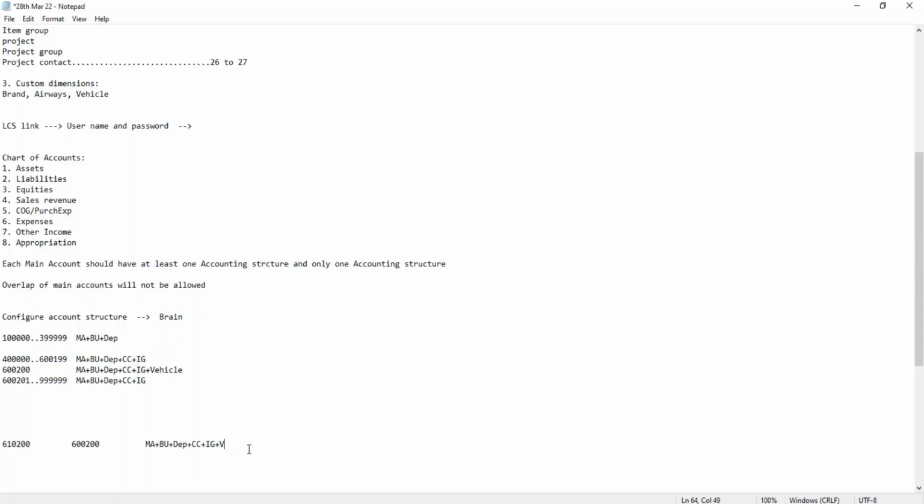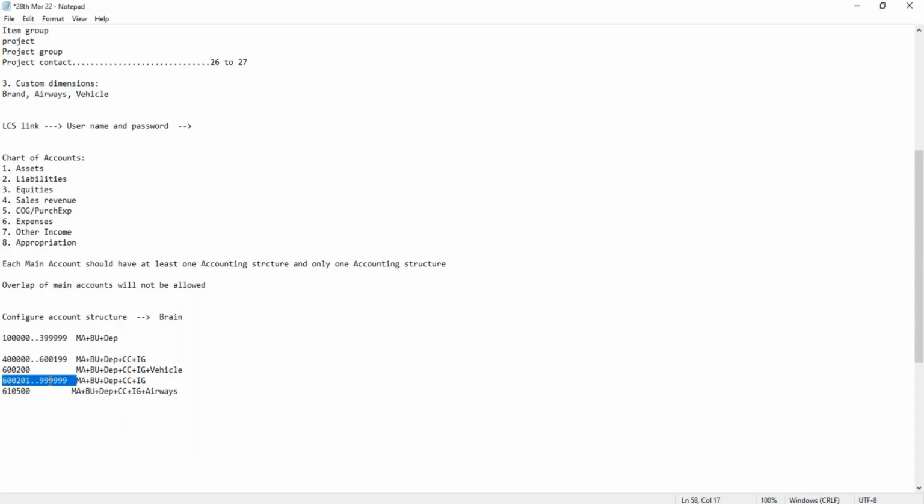I want travel, Airways. So for understanding purposes, I will make it 610500. Now I want this one, then in that case, I need to split here.